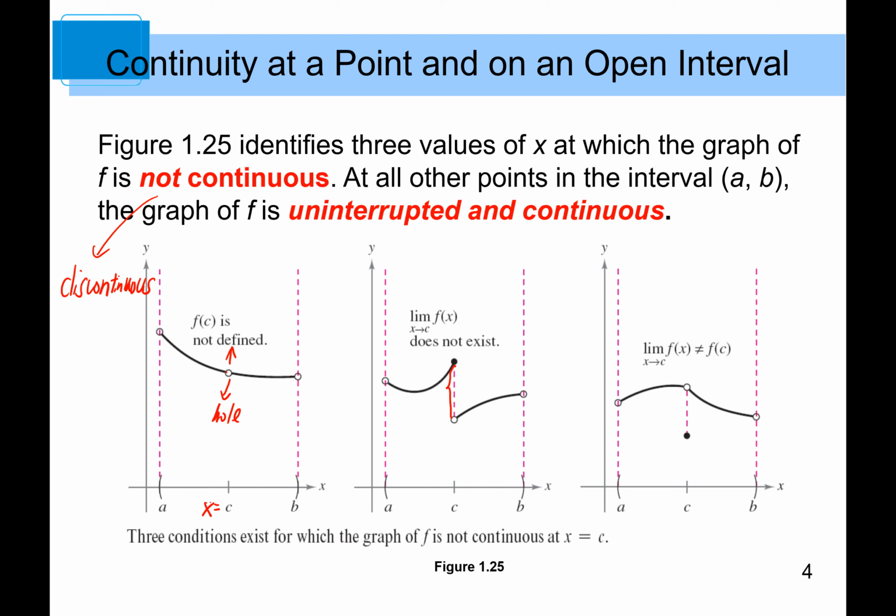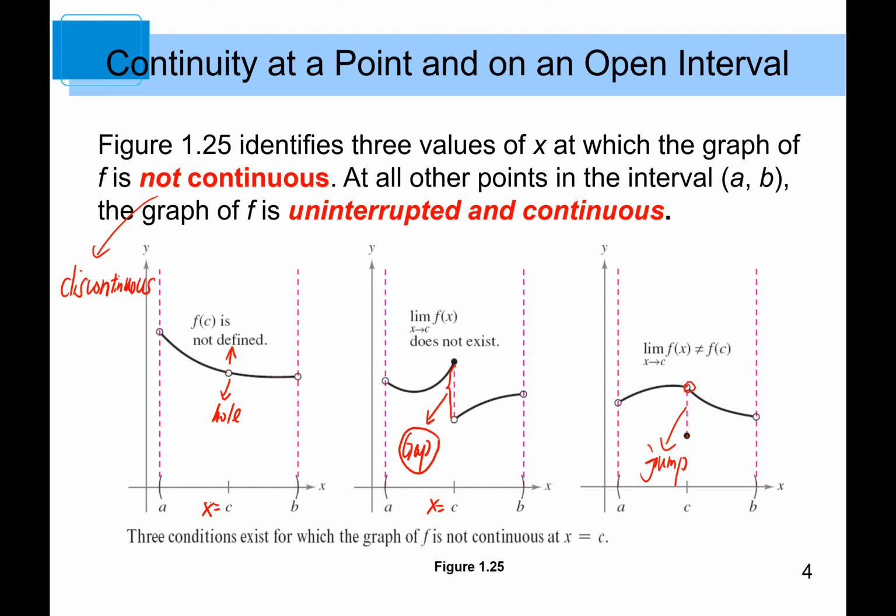This is what they call a gap. Okay, that's a gap here, so that's why at x equals c it is discontinuous or not continuous. The third case will be there's a jump here between the solid point and a hole, so this is what they call a jump.